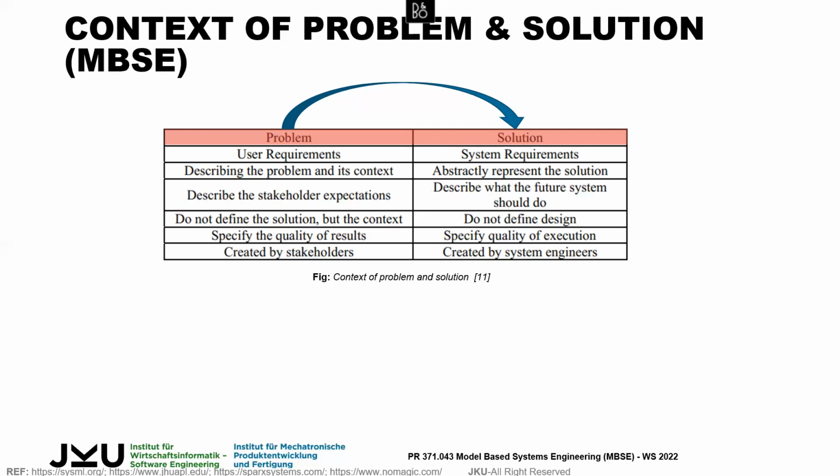Created by stakeholders, created by systems engineers. I think this is the most important thing. Problems are mostly created by the stakeholders, but don't be confused by the term stakeholders, because it has so many definitions, and more or less here, stakeholders means the customers. When you are working in a team, according to the definition, everybody, the engineers, the management team, the customers, is a stakeholder for a project.